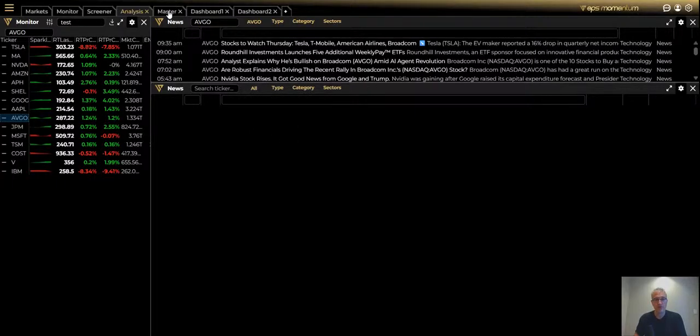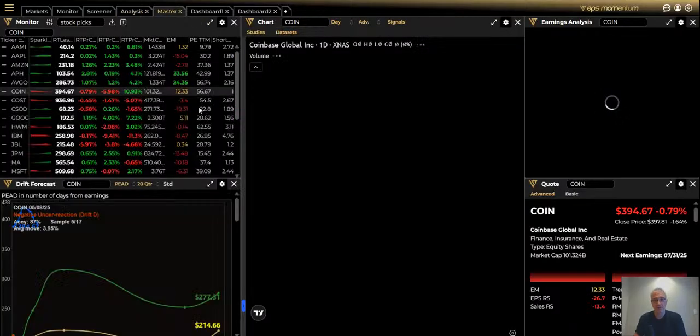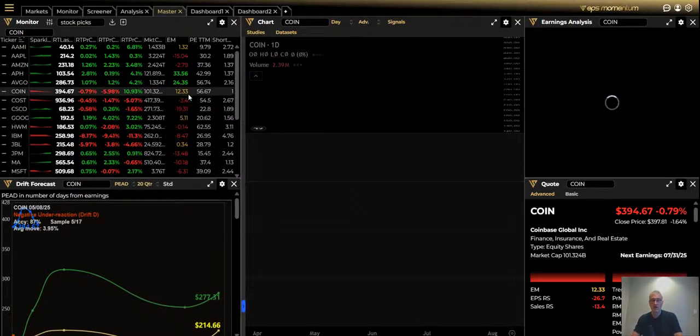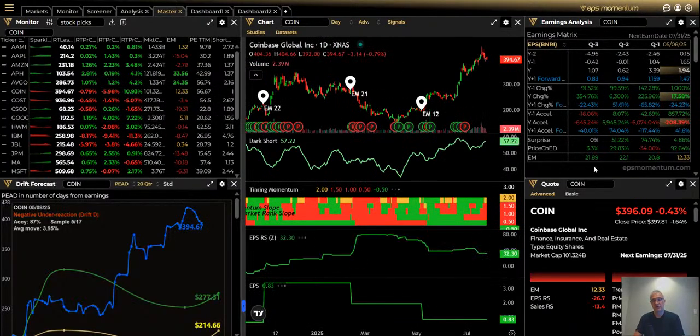I can switch to the master, where here I'm going to analyze the stock in deeper and greater depth, I will say. You have another set of tools that I haven't even introduced yet. We've seen the chart, and it's very powerful.